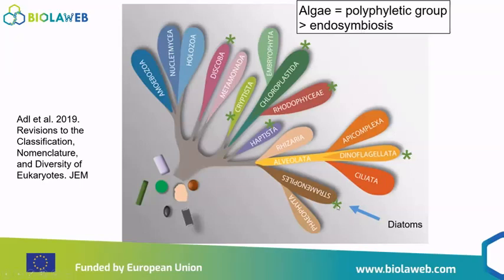All diatoms are here in the Stramenopiles. In this paper, which is a very important paper for the revision of eukaryote classification, the diatom classification has been completely revised by David Mann, but I won't present this revision here.